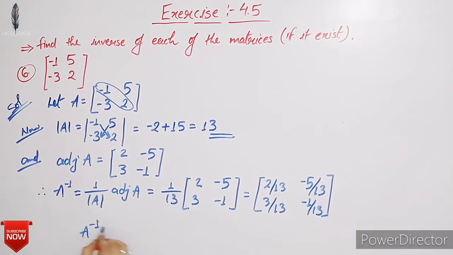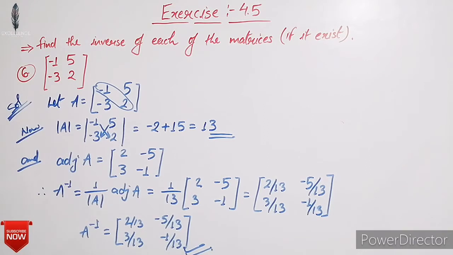So its inverse is [2/13, -5/13; 3/13, -1/13]. Okay, clear? Let's see the next question.